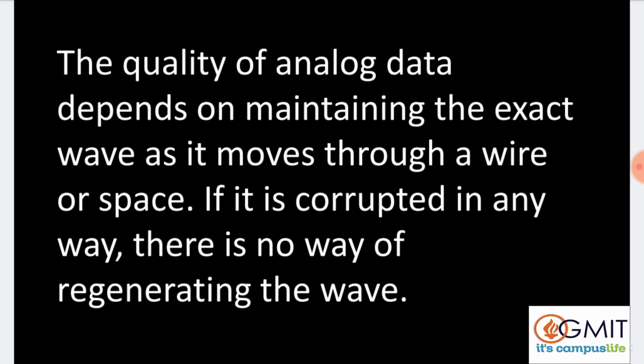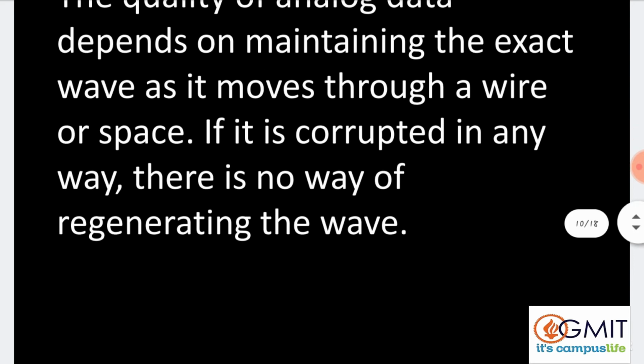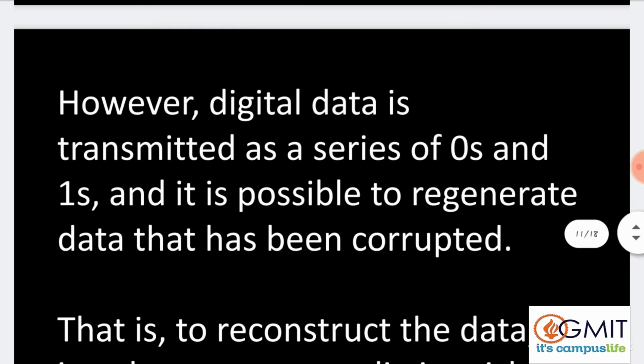But in case of discrete form, or digital data, it is transmitted as a series of 0 and 1, and it is possible to regenerate data that has been corrupted. We can regenerate the data in case of digital form.